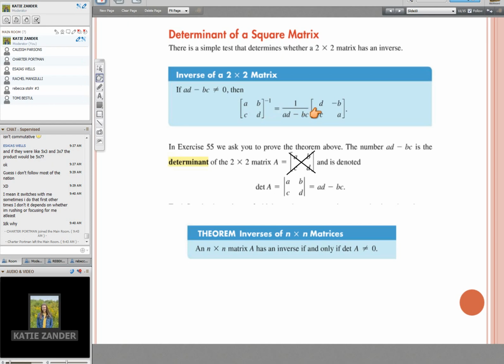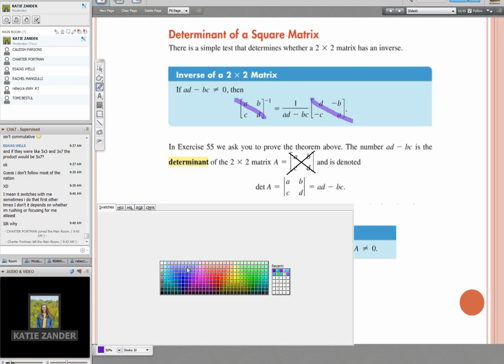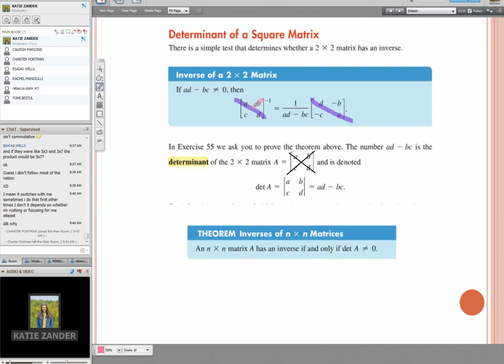So notice that when they are multiplying it by the matrix, they're switching the values on the main diagonal, right? So it no longer goes AD, but they switch that to DA. And then on the minor diagonal, they're taking the opposite of the values.